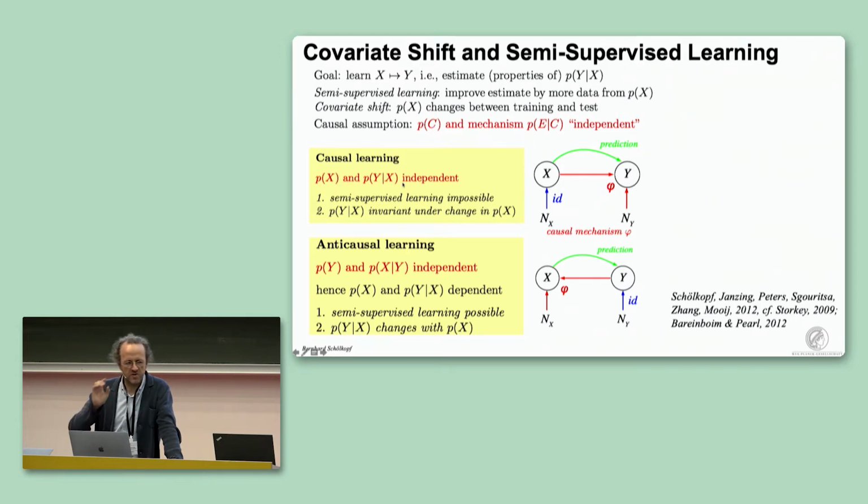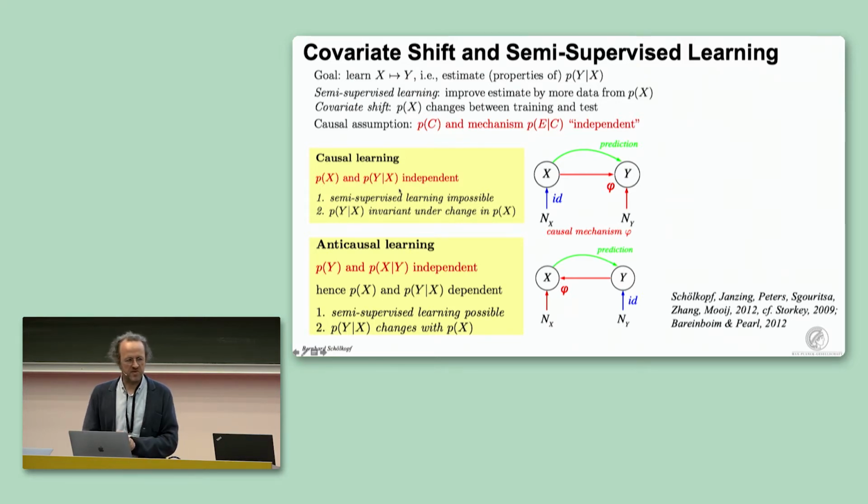What do we usually do in machine learning? We estimate some aspects of this quantity. If we do regression estimation, we just estimate the expectation of this. If we do classification, we estimate whether this thing is larger than 50% or something like that. So we're interested in this quantity here. Now, if these two objects are independent, that means just seeing inputs without labels should not tell us anything about this conditional.